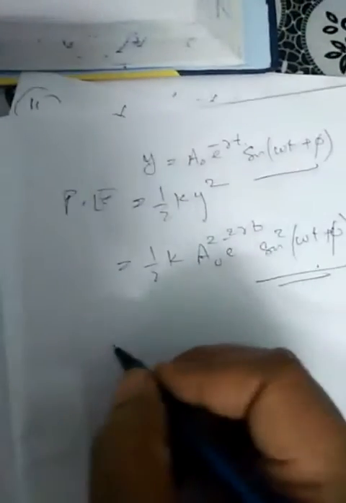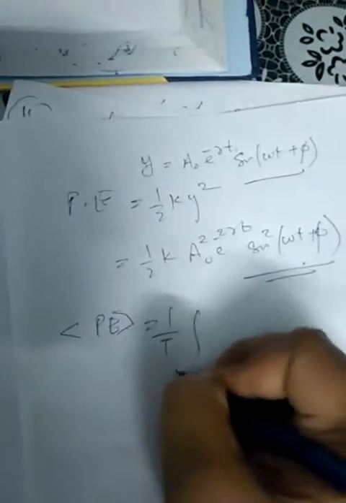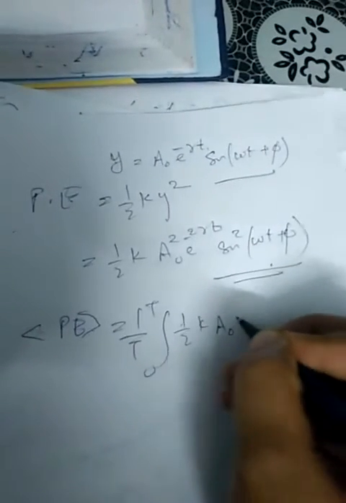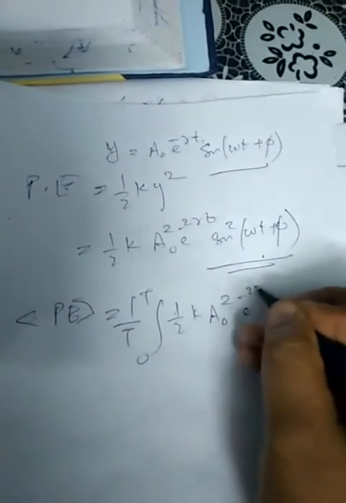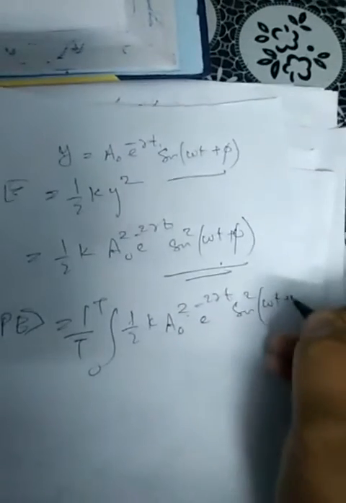Again, we have to find the average potential energy, which is 1 by T, integral 0 to T, half k a naught square e raised to minus 2 gamma t into sine square of omega t plus phi, and by solving this integration you can find it.